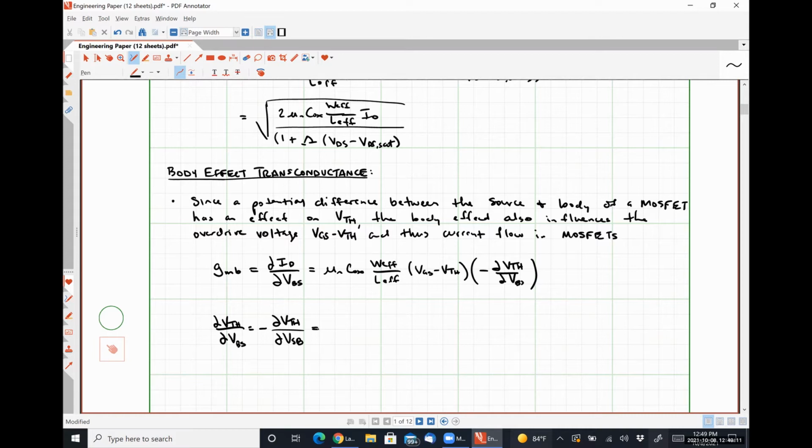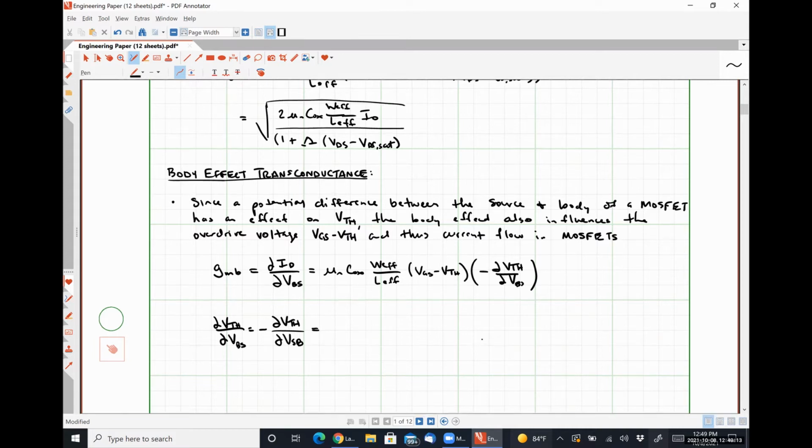So if we take the derivative of our body effect relationship for our threshold voltage, we wind up getting negative 1/2 gamma times twice phi F plus VSB, all of this to the -1/2 power.